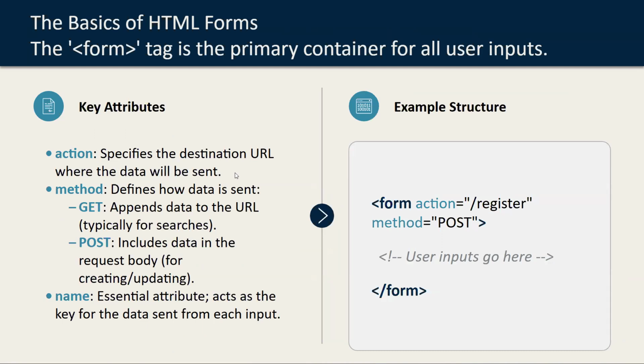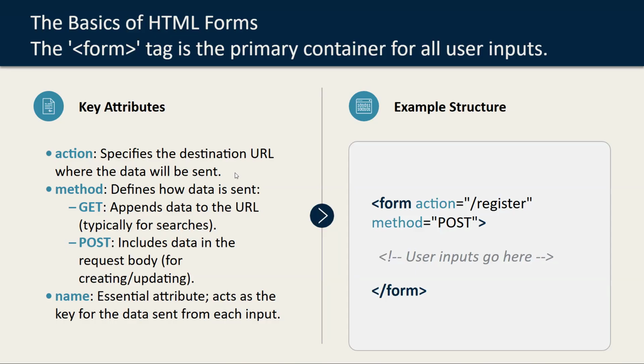Now, let's move into HTML forms, which are one of the main ways we collect user input on a web page. Each form is represented by a form tag, which is the main container that wraps all the user inputs together. There are a few key attributes to know here.